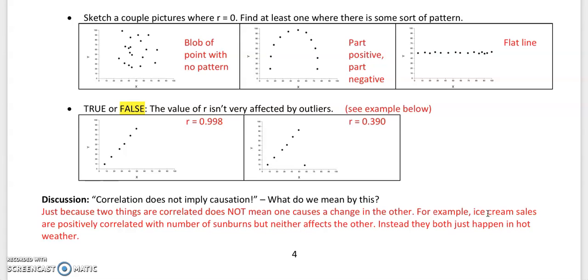Those things are correlated, and there probably is some sort of causation. As you get taller, there's more of you, and so your weight will go up a little bit. Now, height is not the only thing that causes changes in weight, but it is one thing. So in that case, there's a correlation and a causation. In the ice cream and the sunburn example, there is only a correlation, not a causation.